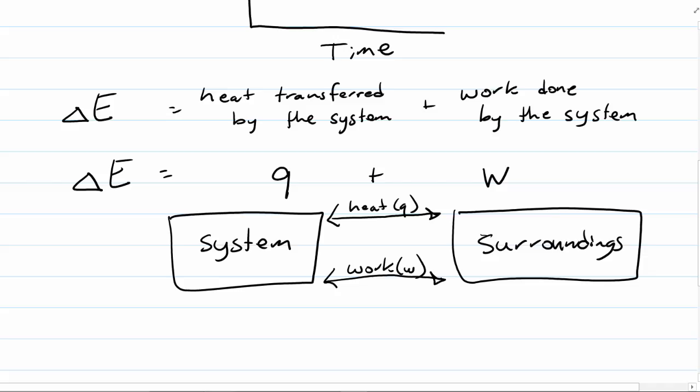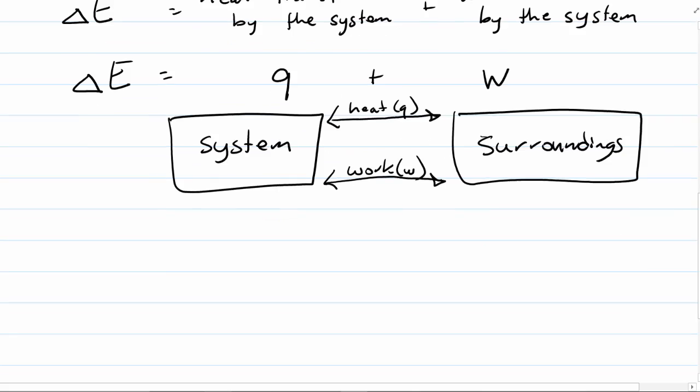So ultimately at the end, what we say is this. The signs on the system and the surroundings are going to be just the opposite of each other. So we're going to say that the change in internal energy for the system is equal to negative the change in internal energy of the surroundings.